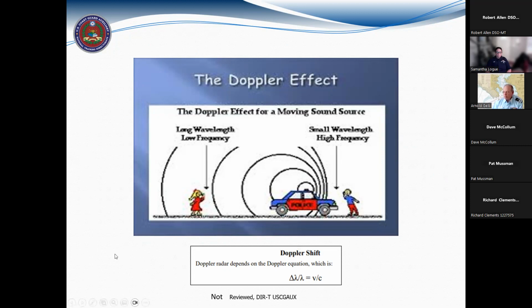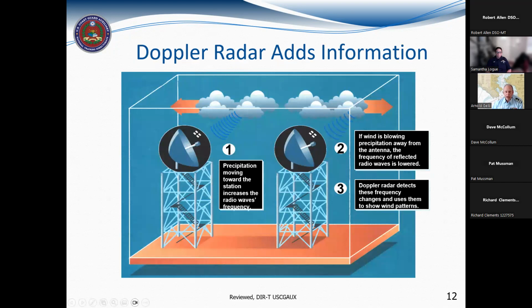And if we move then to this slide, this talks about how Doppler radar is used for weather. Precipitation moving towards the station increases the frequency of the radio waves, whereas if wind is blowing precipitation away from an antenna, the frequency of reflected radio waves is lowered.